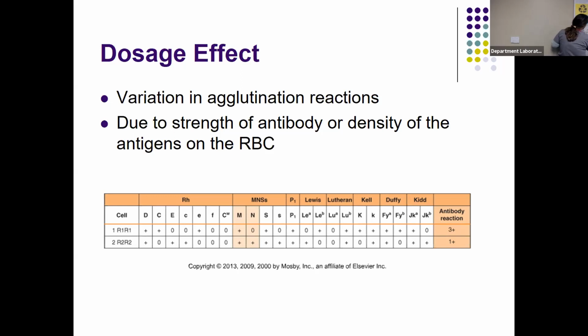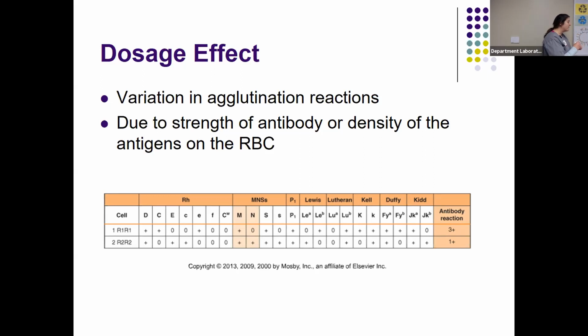Heterozygous shares the antigen sites, making them weaker. So you would have M and N all across the cell membrane. So there's not as many antigen sites for your patient's antibody to bind to. That is why heterozygous will give you a weaker reaction.